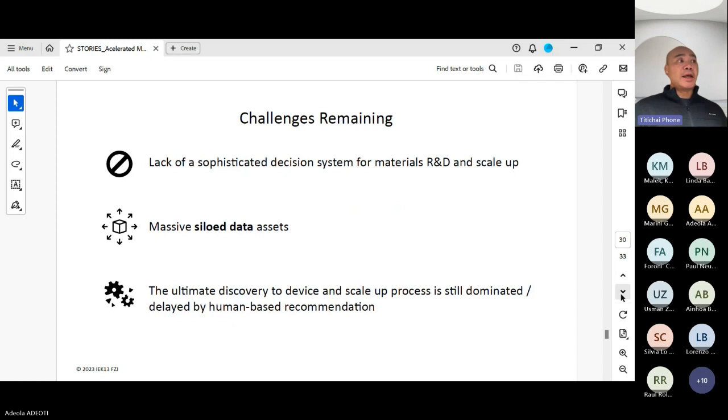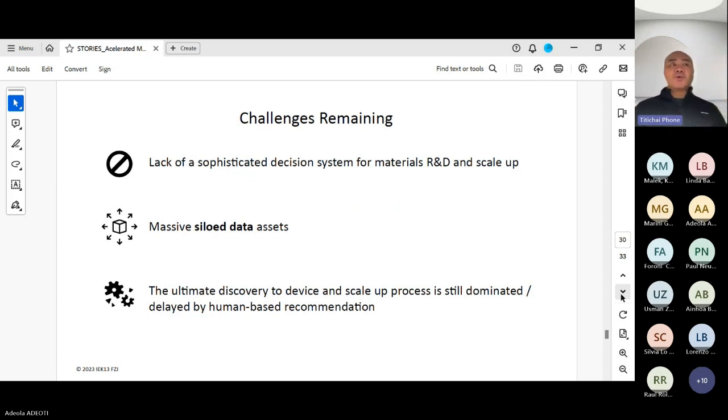But ultimately, it's still the discovery to device and scale up process. This domain is still very much driven by human recommendations, and therefore it still has a lot of inertia and delay, right?